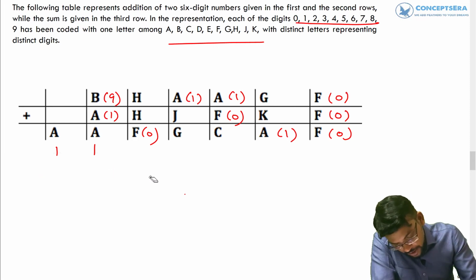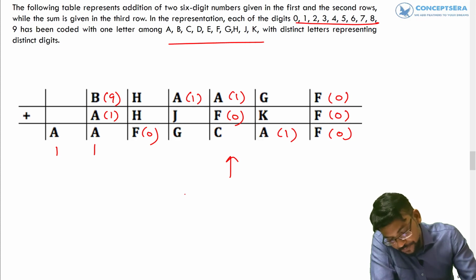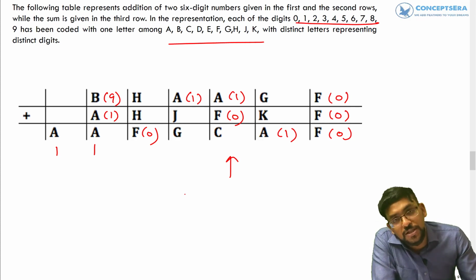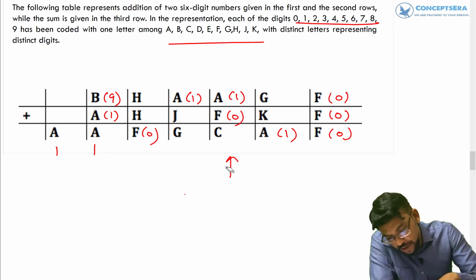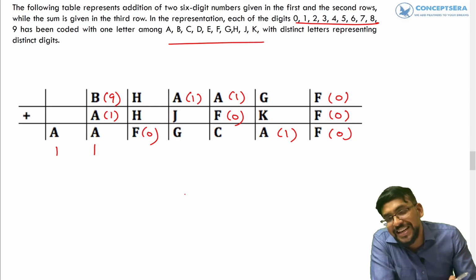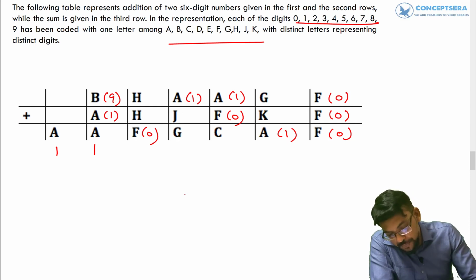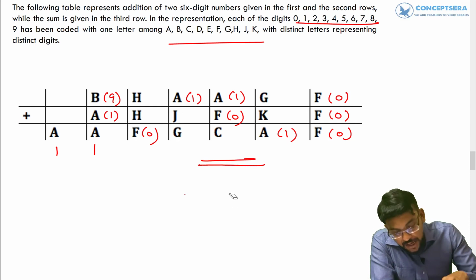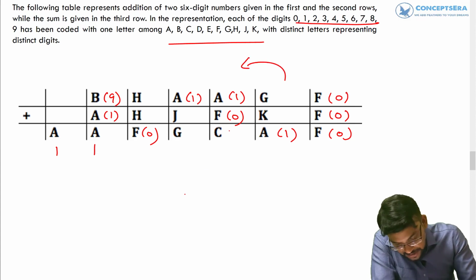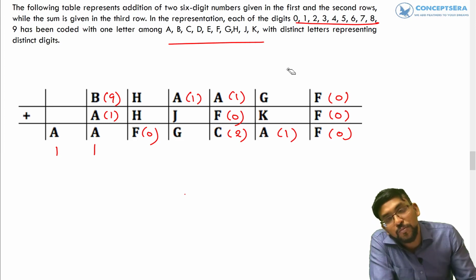Now in this column, 1 plus 0 is equal to C. We know all letters represent different digits, so C cannot be equal to 1. And the maximum possible carryover can be 1. It means C has to be 2 here. So C is equal to 2.